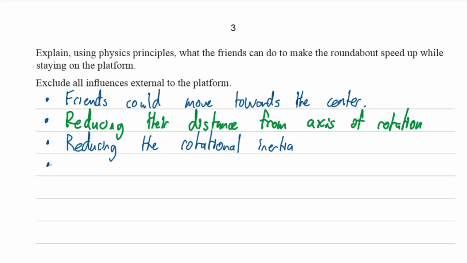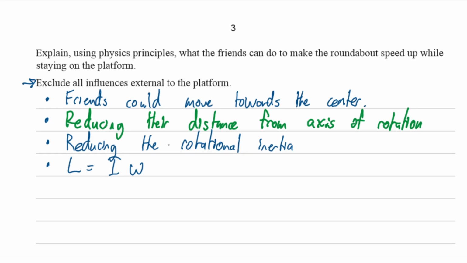So, conservation of angular momentum. Angular momentum equals rotational inertia times angular velocity. So since there's no external forces, there's no friction or anything, right? It says to exclude that.